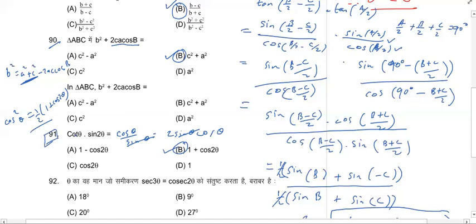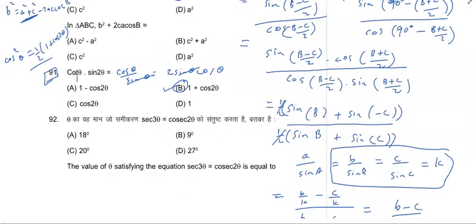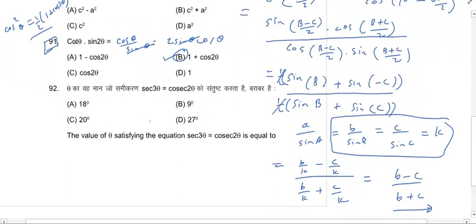Right, question number 92. Let me change the color of the pen. So sec 3 theta is equal to cosec 2 theta. In other words, we're solving cos 3 theta is equal to sine 2 theta.